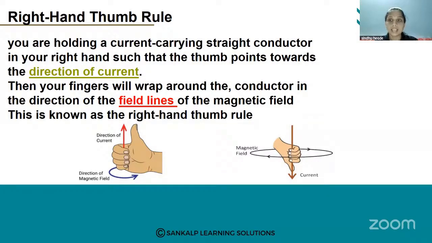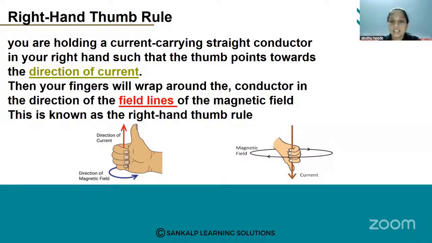It says that the thumb shows the direction of current and the curved, wrapping fingers show the direction of the magnetic field. This is the right hand thumb rule, which is applied to show the direction of magnetic field lines. When showing the magnetic field line direction, what do we apply? We apply the right hand thumb rule, right?